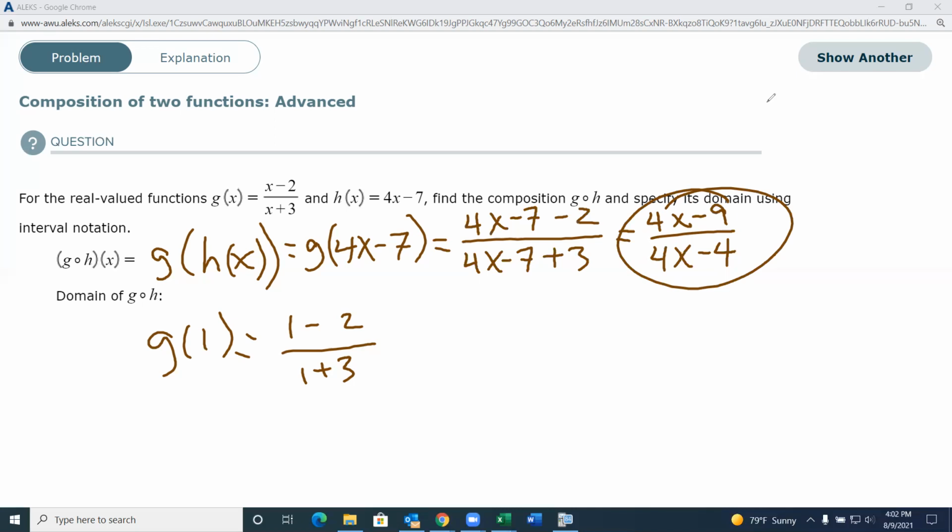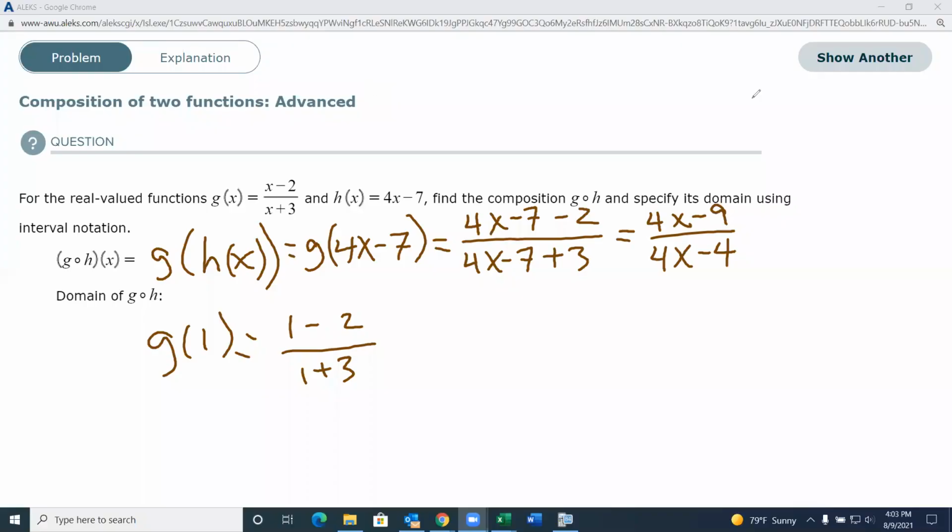And I'm also supposed to specify the domain. All right, cool. Well, so once again, need to be just a little bit careful. Okay, so for this one, with composition, I'm just going to look at the end result and say, all right, well, that denominator, 4x minus 4, cannot be 0 because it's a denominator.